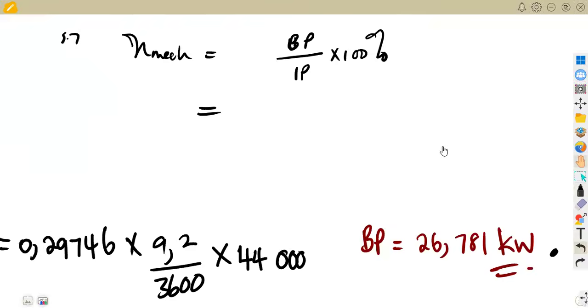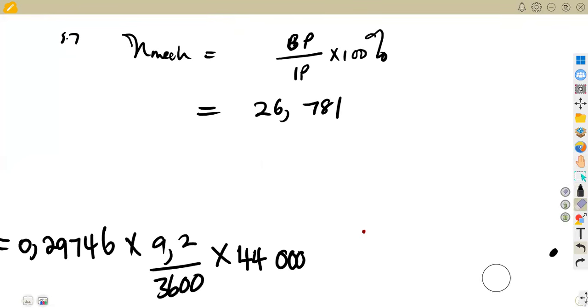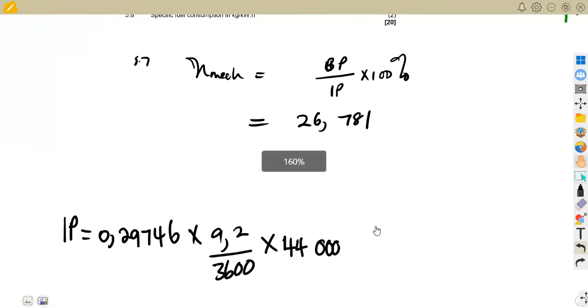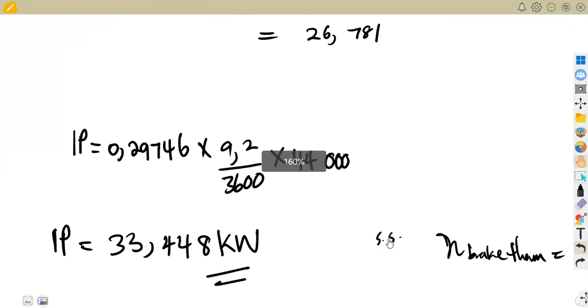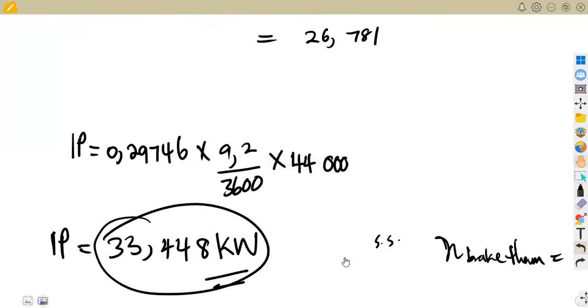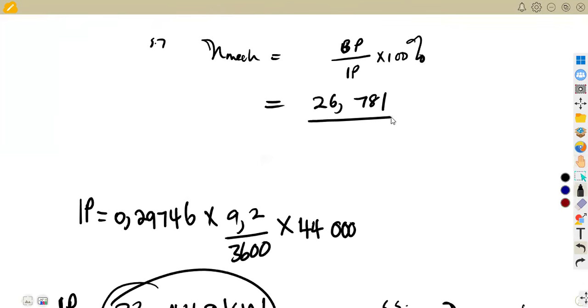We calculated the brake power before, which was 26,781 kilowatts. We also calculated the indicated power, where we got 33,448. So that is 26,781 over 33,448, then you multiply by 100%.